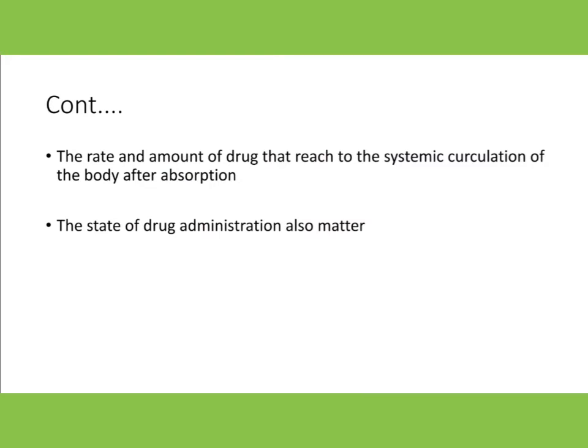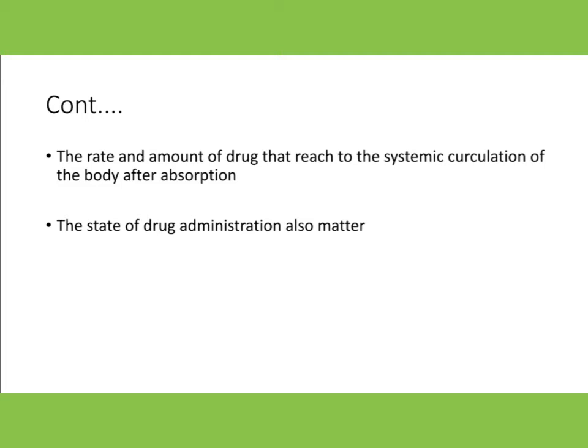So bioavailability is the rate and amount of drug that reaches the systemic circulation of the body after absorption. After absorption, the drug goes into the blood stream and is distributed to different organs. The state of the drug administration also matters. Another thing I want to add is that no drug has 100% bioavailability except by the intravenous route.